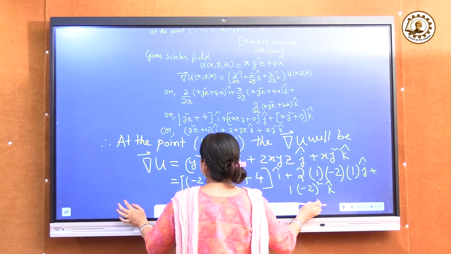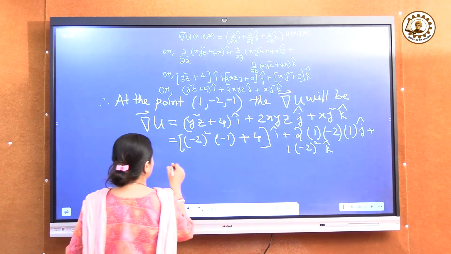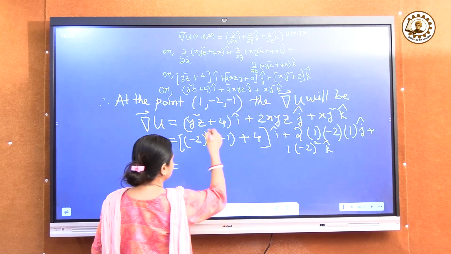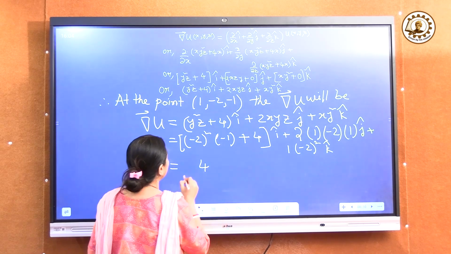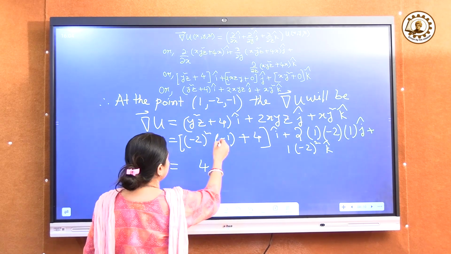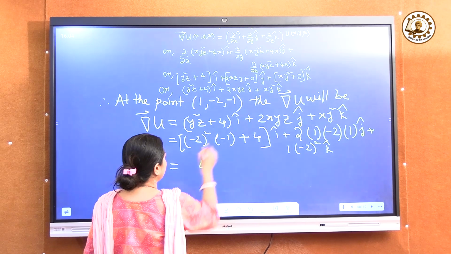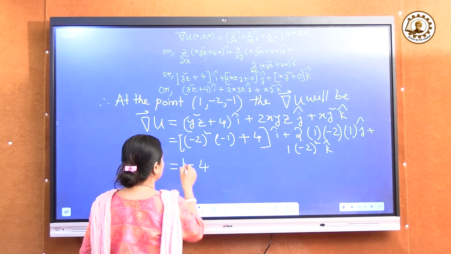So this will be equal to (-2) whole square, which is 4, and here again -1 is there, 4 into -1, so this will be equal to -4.